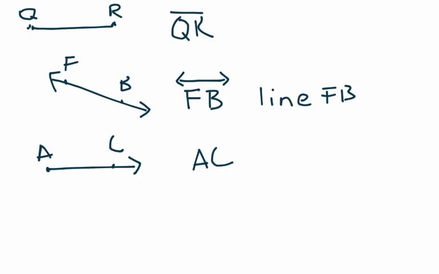This is telling you that it does have a starting point. Since it starts with a point, it does not continue like this one, so you know it's a ray. You could say that it is ray AC, or you could also write it like this, ray AC.